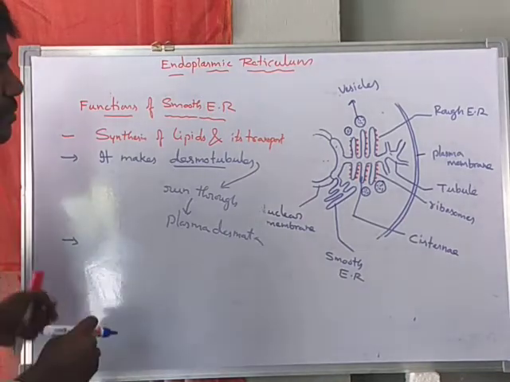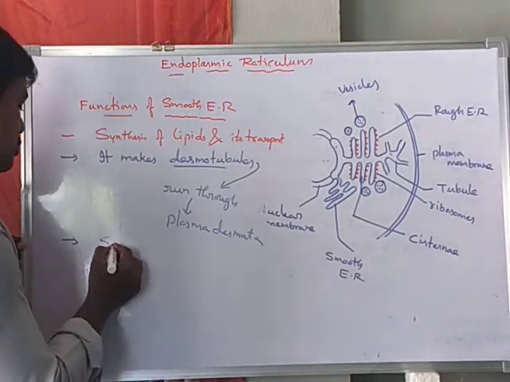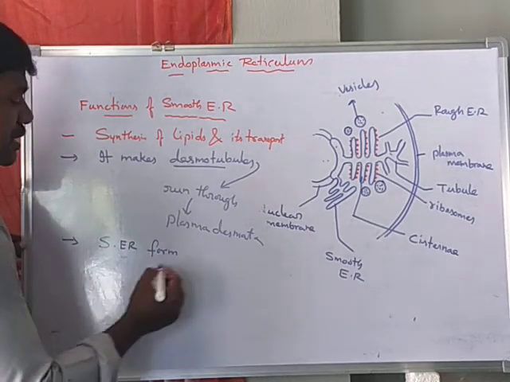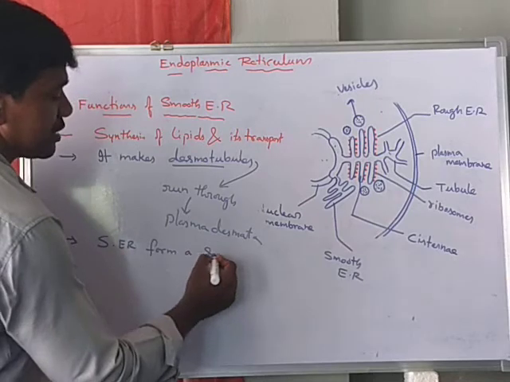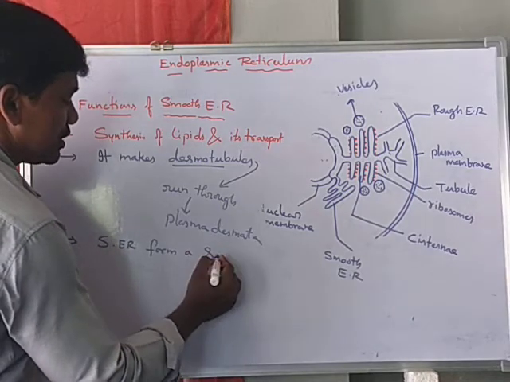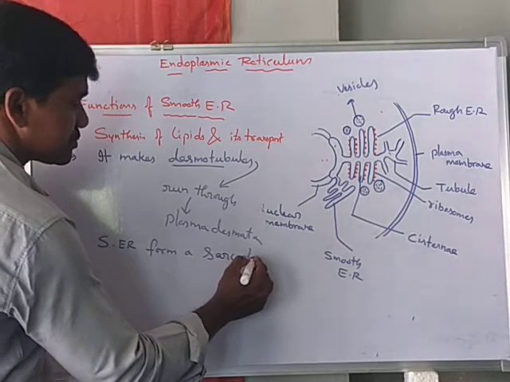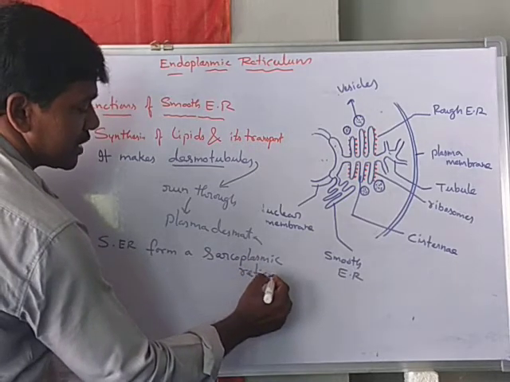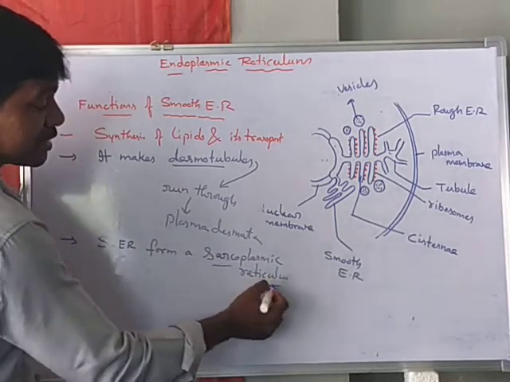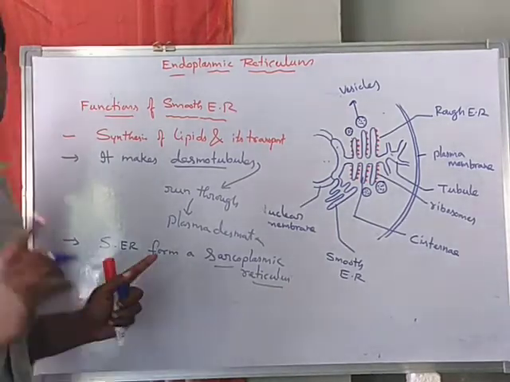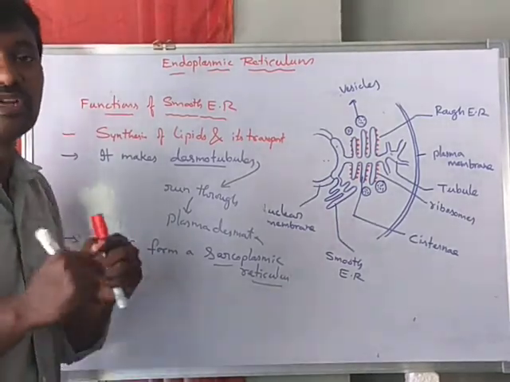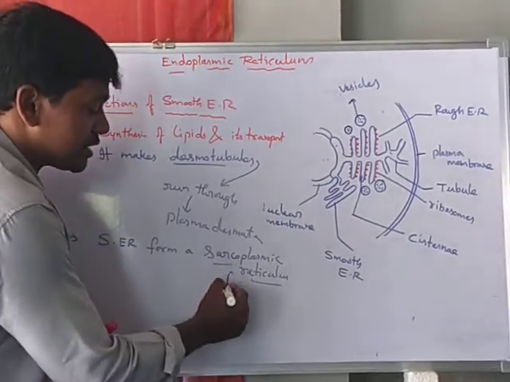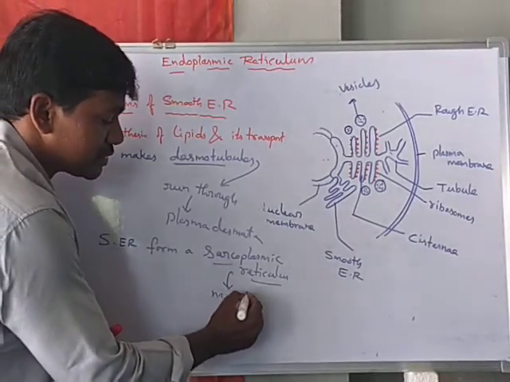Smooth endoplasmic reticulum generally forms the sarcoplasmic reticulum. It is a modification of smooth endoplasmic reticulum, present in muscle cells.